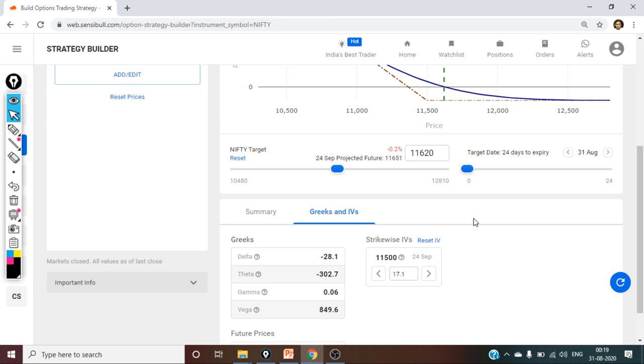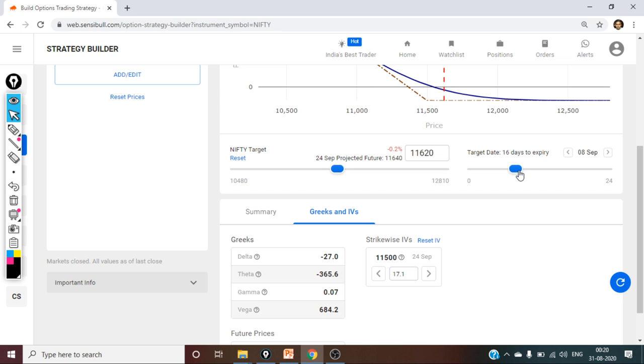That means if the stock and implied volatility stay the same and time passes, then you are going to lose 320 rupees every day. But that time value decay will be faster when the expiry is near, about 14 days to expiry. You can see 17 days to expiry and your theta is minus 355.